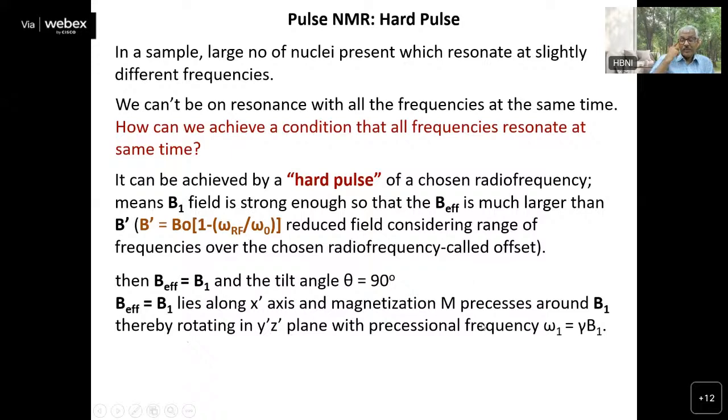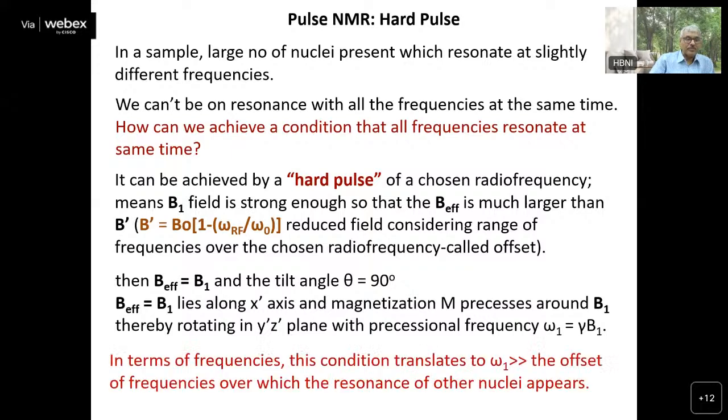Now, as the field strength is very high, all the M values, or the equilibrium magnetization, will rotate. That is the condition we use for the hard pulse. In terms of frequencies, because there are a large number of frequencies, this condition translates to omega 1 being much greater than the offset of frequencies over which the resonances of the other nuclei appear.